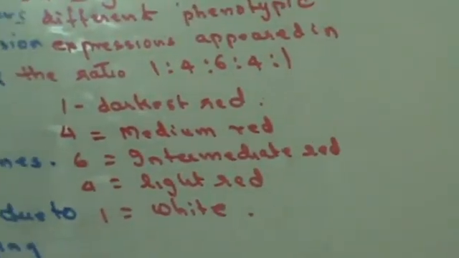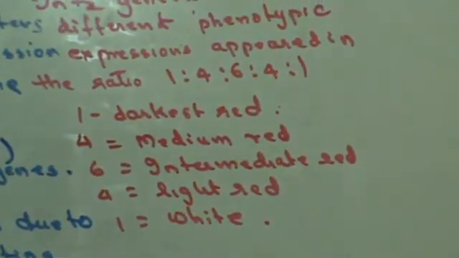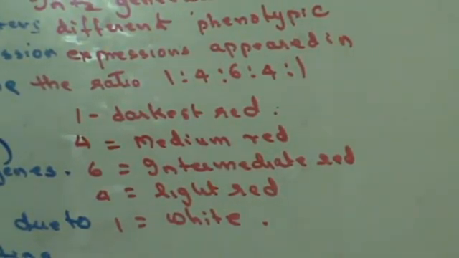Right? So in wheat, the kernel colors are controlled by 2 pairs of genes.